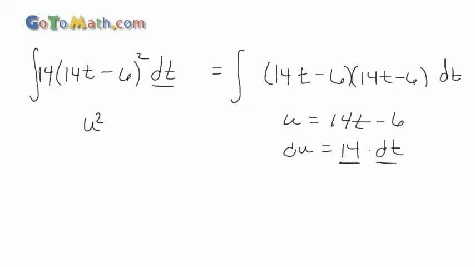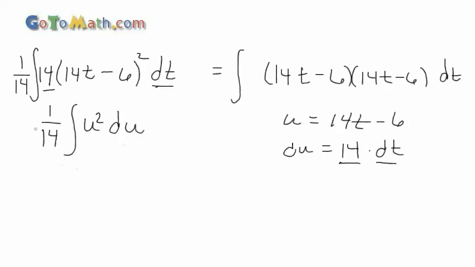But if I add a 14 here, I must add a 1/14th outside, because 1/14 times 14 is just 1, so it's not like we've done anything. Alright, so we're going to keep that 1/14th outside, and so this 14 and this dt here is going to get replaced with du.